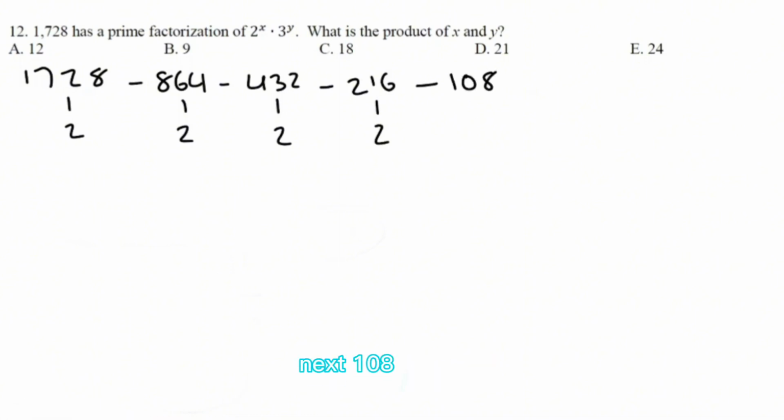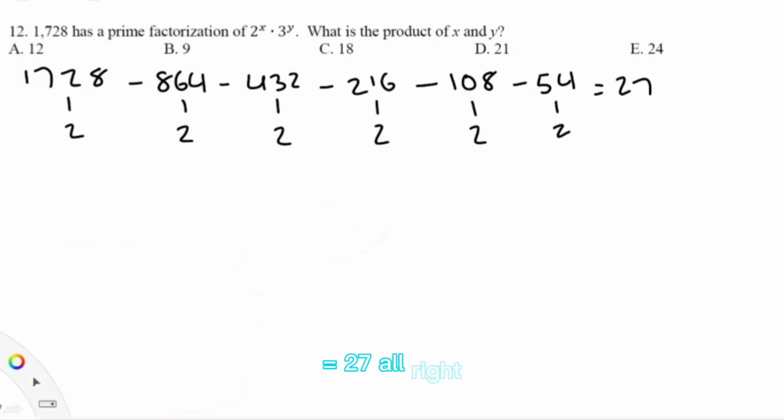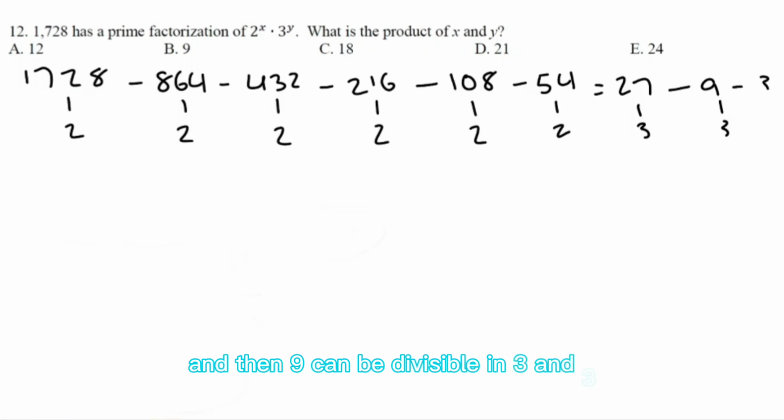Next, 108 divided by 2 equals 54. Next, 54 divided by 2 equals 27. Alright, and now we just have 27, which is no longer divisible by 2, so we have to divide it by another number. So in this case, we can divide it by 3, which gives us 9. And then 9 can be divided into 3 and 3.